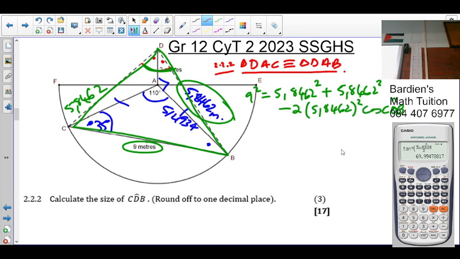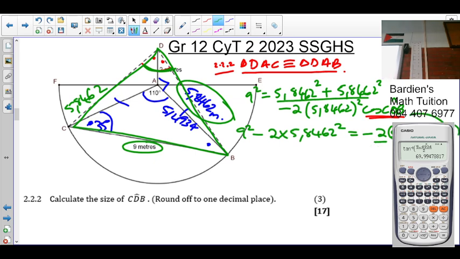So my first aim is to get that on its own. So it's going to be 9 squared minus 2 times 5,8462 squared equals negative 2 times 5,8462 squared cos of that angle.